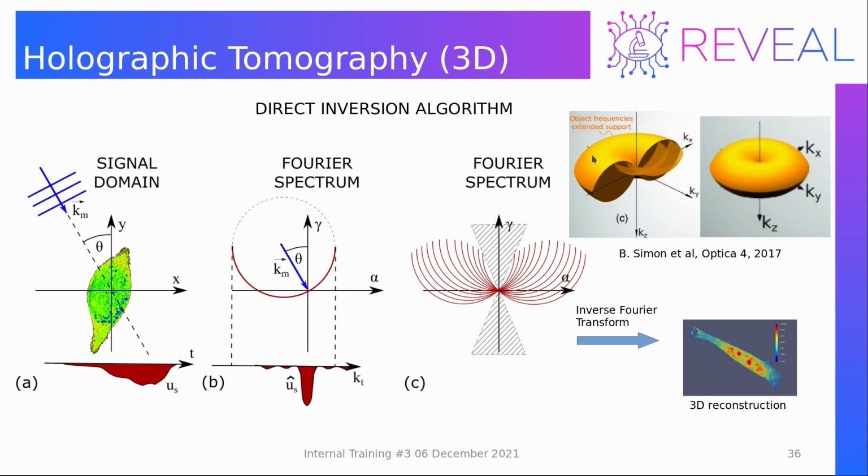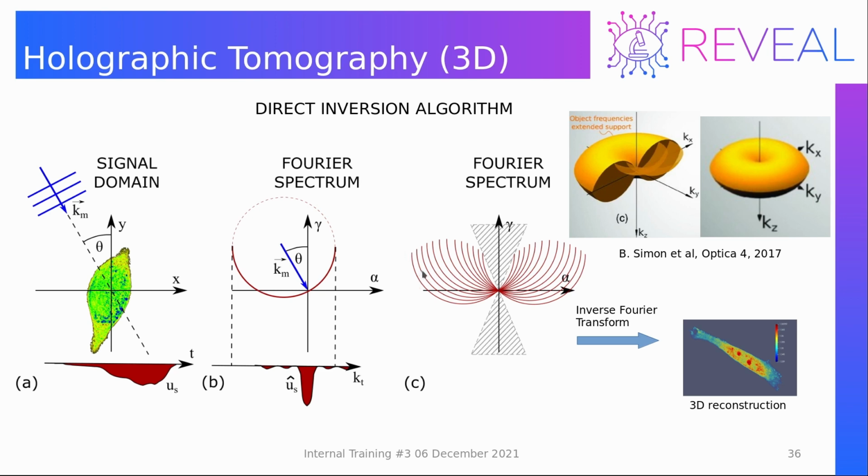This is maybe better seen if you analyze how this drawing looks in 3D. It has a donut shape. You have a lot of information in the X and Y directions, but in the Z direction there is nothing. That means that you will have distortion in the calculated reconstruction, but I will show it in a second on the next slide.